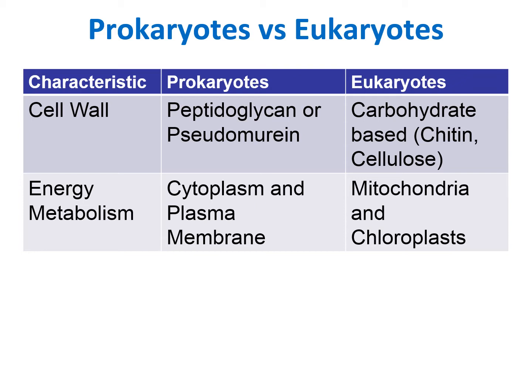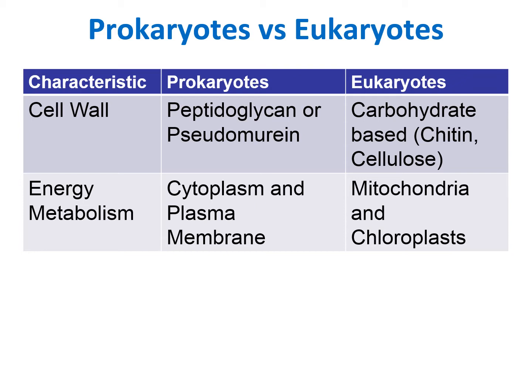Eukaryotes, on the other hand, don't have cell walls that contain either of these molecules. Instead, eukaryotic cell walls, like those we find in algae, plants, and fungi, tend to be carbohydrate-based, made of chitin and cellulose. For energy metabolism, we're really talking about where ATP synthesis happens.